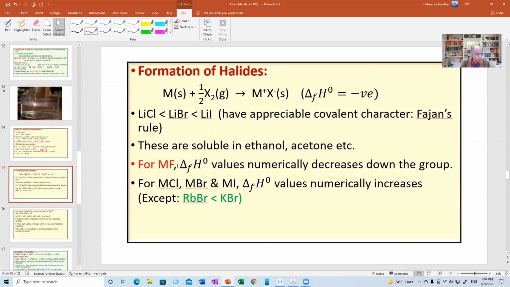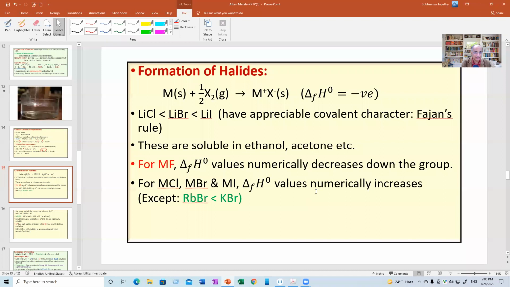You know, for metallic fluoride, remember, this enthalpy of formation numerically decreases down the group, because fluoride is a very small size anion. So remember, the numerical value goes on decreasing down the group.